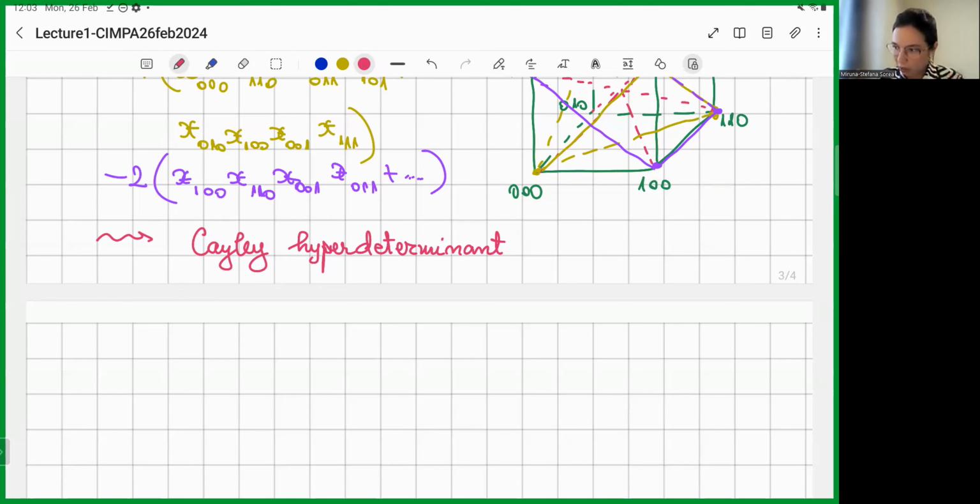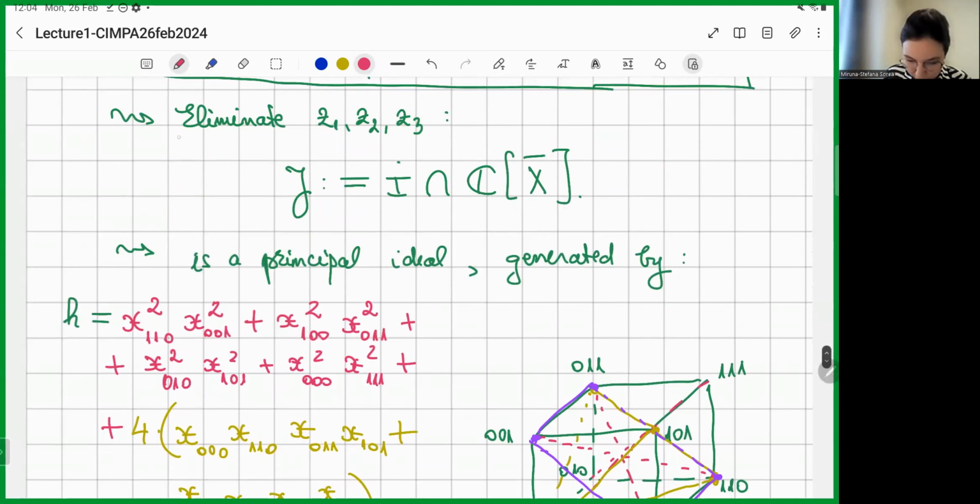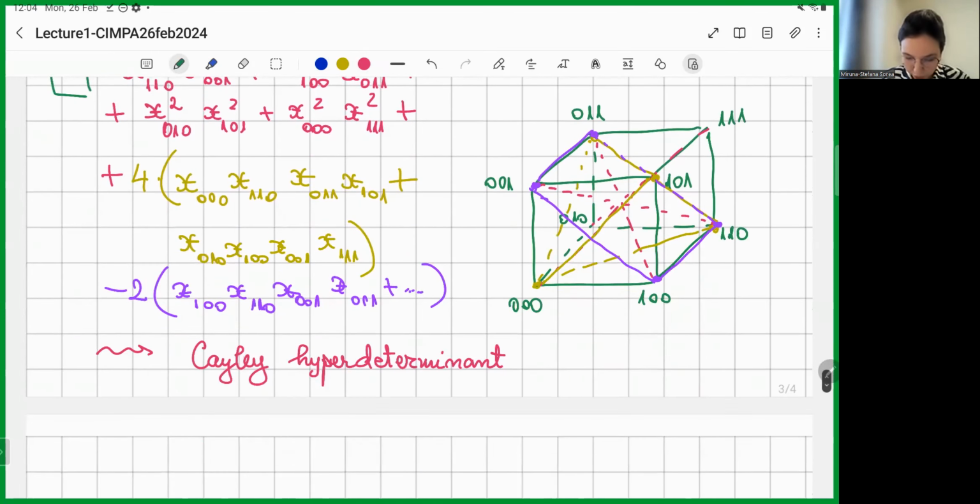Okay, so why do we compute this? Just remember, we wanted to eliminate these variables, and we said that the new ideal, this elimination ideal, is generated by this polynomial in the entries of x.